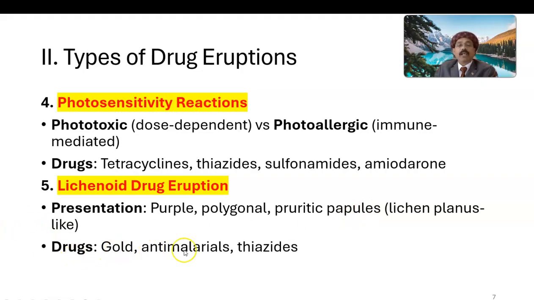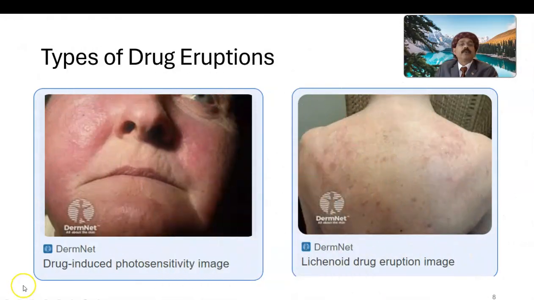Drugs: gold, antimalarials, thiazide. Thiazide again is a diuretic that increases the output of urine. Okay, so types of drug eruption: drug-induced photosensitivity is the image we're seeing here. In lichenoid drug eruption, there will be thickening of the skin.